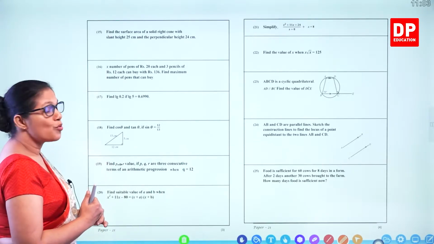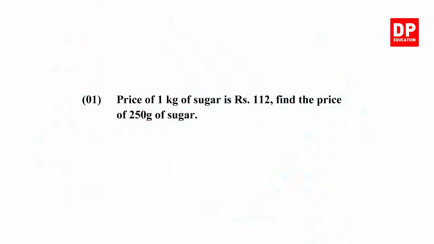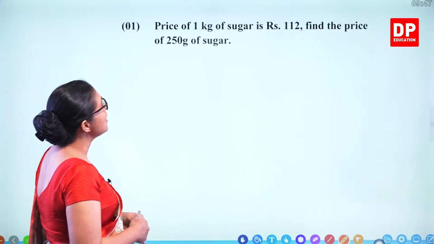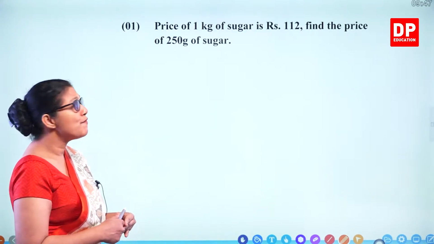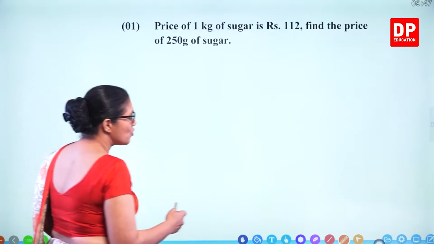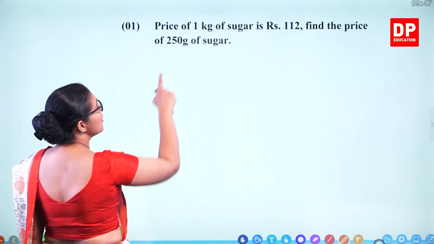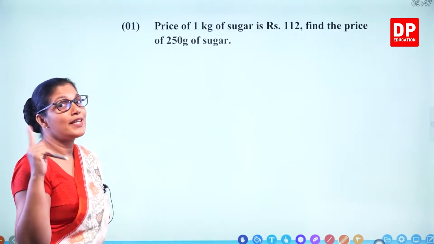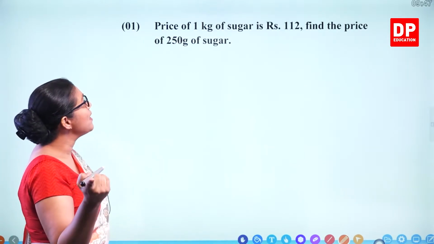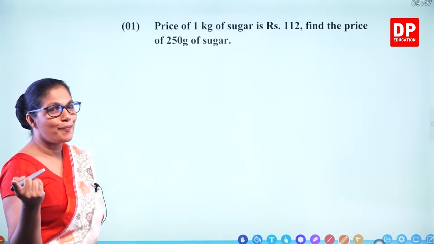So let's do question number 1. Price of 1 kilo of sugar is 112 rupees. Find the price of 250 grams of sugar. So here, if you know 250 times 4 is 1 kilo, that means you have to divide by 4.